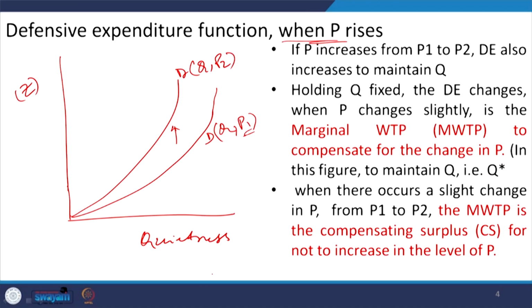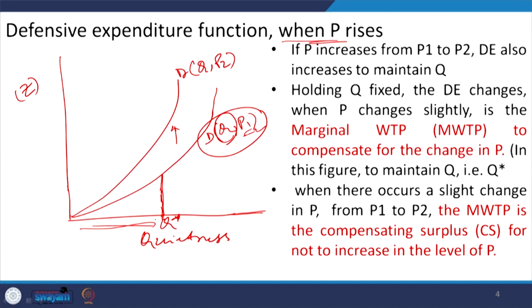And the individual would be interested in a particular quietness, let us say represented by Q star. Earlier, given this defensive expenditure function or his demand for quietness Q at the P1 level of pollution, the individual is interested in consuming at least this level of quietness inside the house.